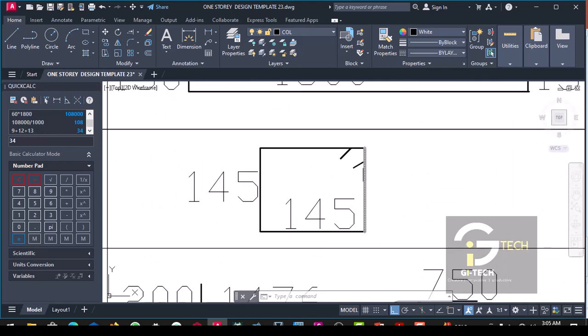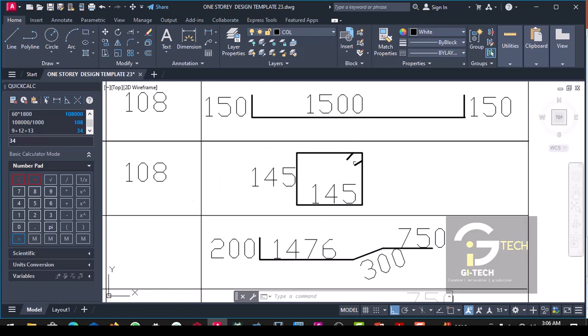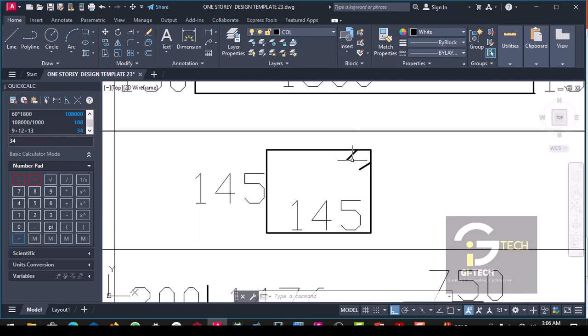Then this bar here is a kind of overlap bar. When you cut this, you must have a surplus where this one will overlap to this, and this one will overlap to this point. For the sake of detailing, we have to bring it up the way it is, and it is usually 50.